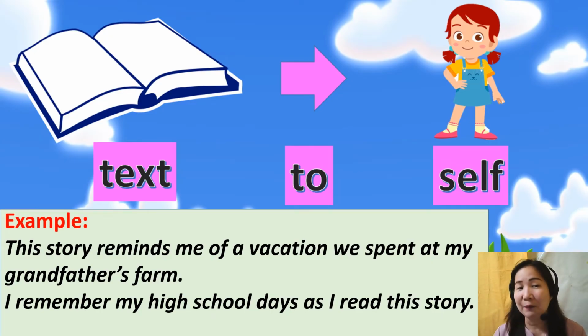Again, when we say text-to-self, these are the memories. The memories came flooding into our minds as we read the story, as we look at the pictures, or as we watch the movie. This is how we relate to our own experiences. That is text-to-self connection.